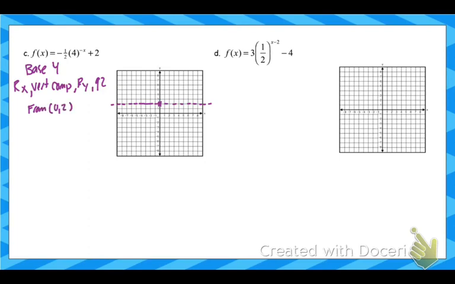Parent function goes through (0, 1), (1, the base), (negative 1, 1 over the base), and then I'm also going to do the base squared. Then let's see how we need to change those points. Reflected over the x, and vertical compression means I'm going to multiply that second column by negative 1/2.